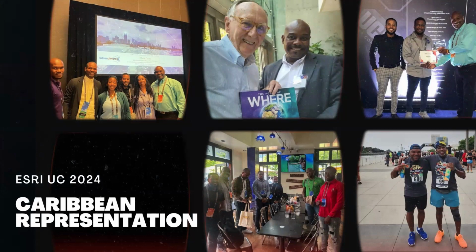We also want to big up the National Gas Company from Trinidad and Tobago, who also received a special achievement in GIS for the work they do. They were able to meet Jack Dangermond and take a photo with him with their award as well. So they were awarded and celebrated in San Diego.